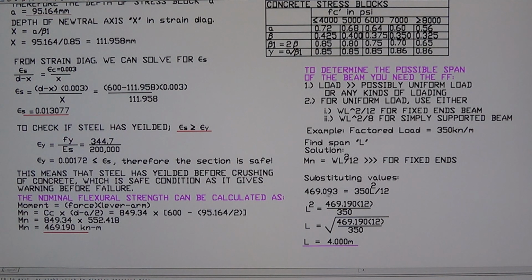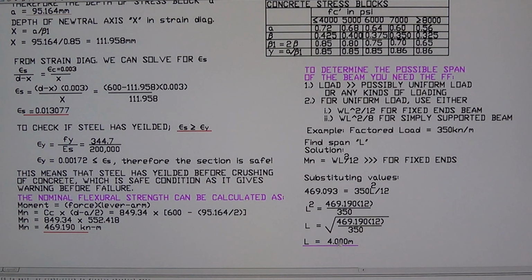Now manipulate this equation to get L square equal to 469.190 times 12, the 12 goes there, and the 350 goes down here. So L square is equal to this. Since this is L square, we have to take the square root of this to get the L. So L is equal to the square root of 469.190 times 12 divided by 350. L now is 4 meters.